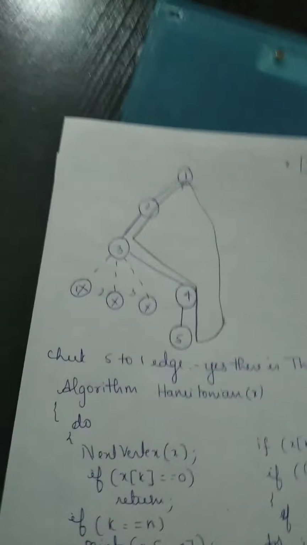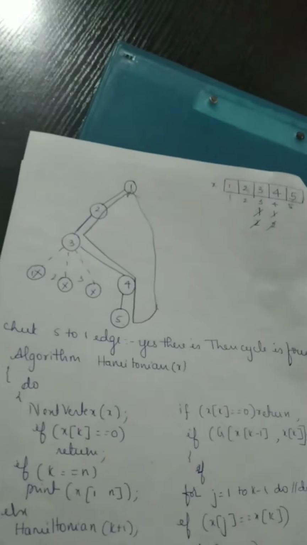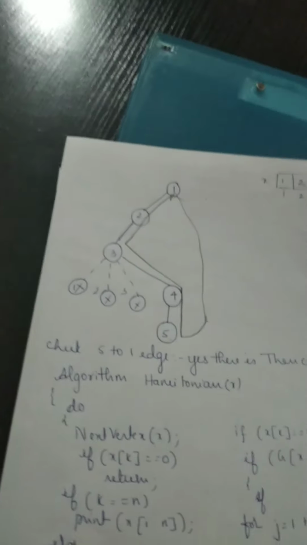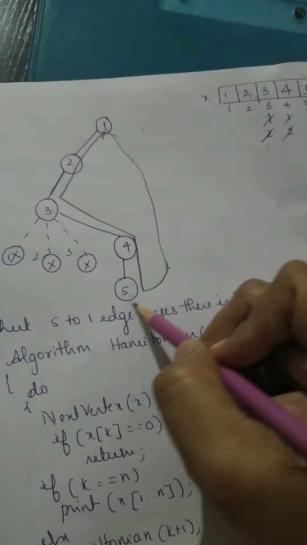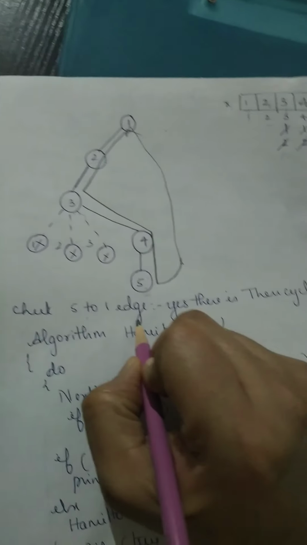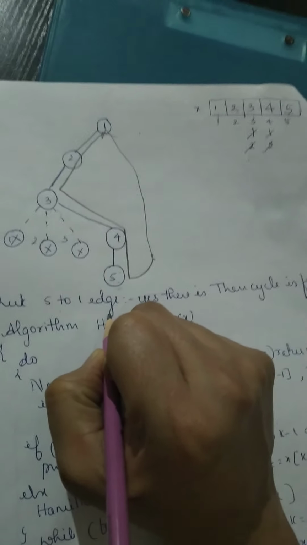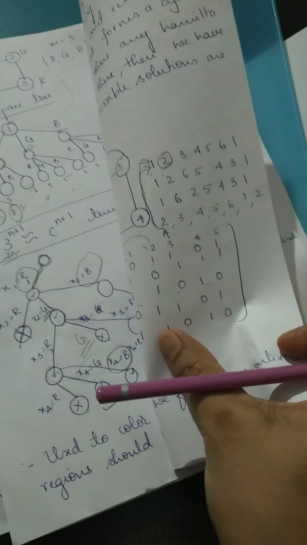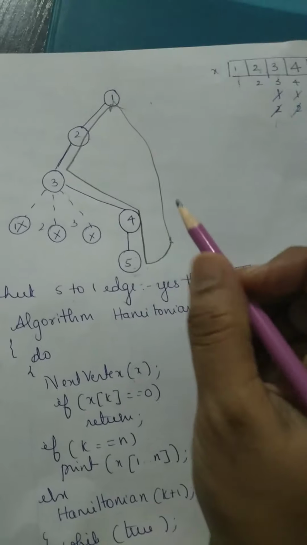So now it will create one Hamiltonian cycle. After creating this, we need to check whether the 5 to 1 edge is present. If I check the cost adjacency matrix, 5 to 1, it is 1. That means 5 to 1 is present, so the cycle is found.